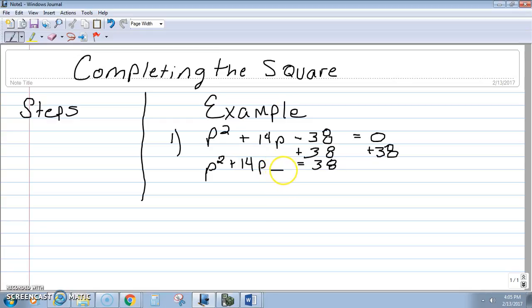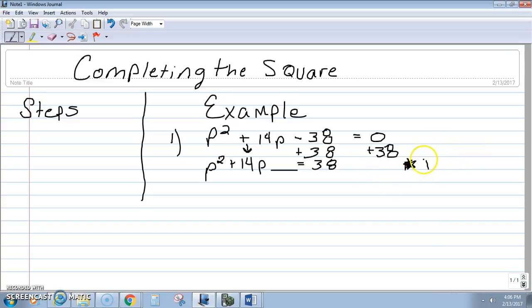Okay, now this is important. I left this little space here because we're going to put something there. And what we're going to put here is, this is still a b term, right? So over here on the side, I'm going to put a little star, or maybe in your steps, so we'll remember to write this down in our steps.